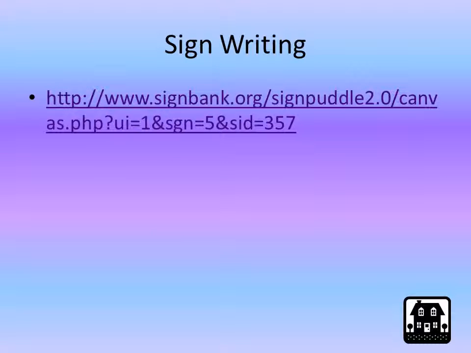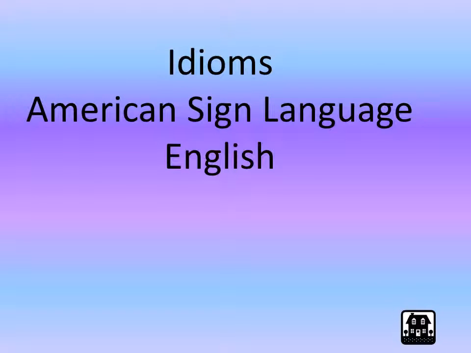If you click on this link, you will go to a website that addresses sign writing, which is not a legitimate language, but at one point it was believed that because ASL was an oral language, there needed to be a way of writing it down. So this was one development for that purpose.